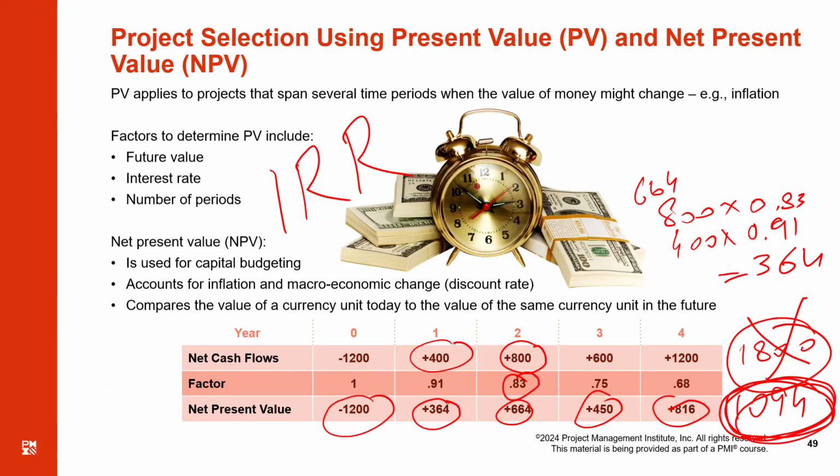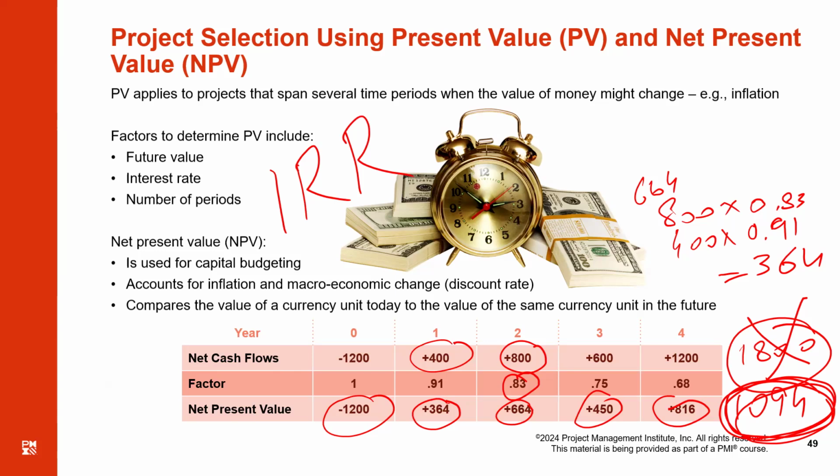What will happen if I fluctuate the discount rate? You see, for some projects the net present value will come out to be positive, like in this case, 1094. And if you keep reducing the discount rate, the percentage, it will become a negative value, maybe minus 2000, which means it is not feasible.